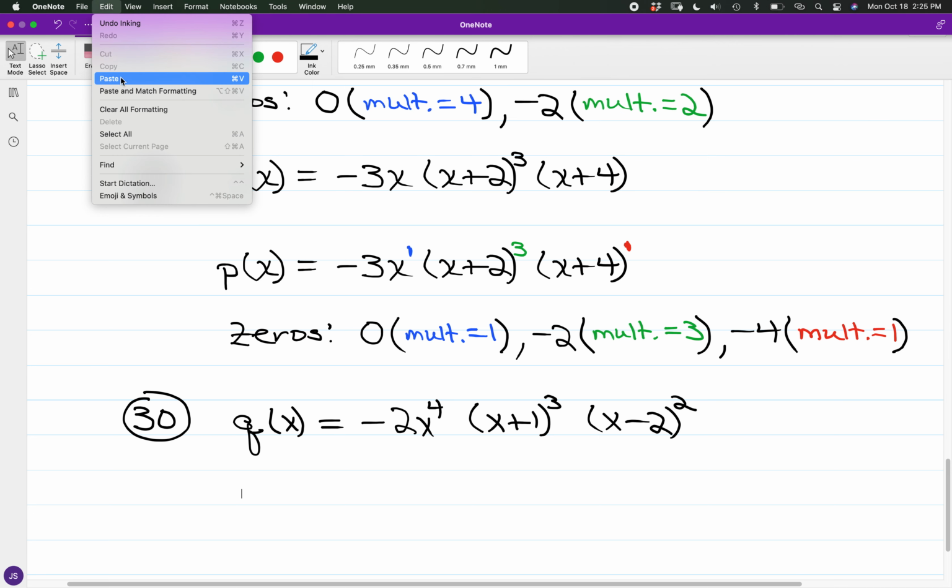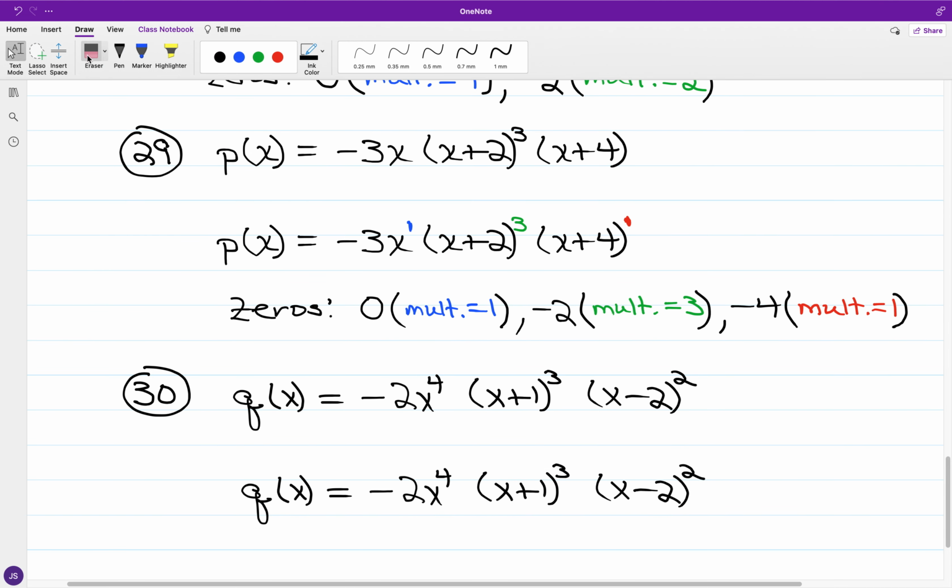Okay, so I have a factored form, and just looking at what we have here, I'm just stressing once again the degrees.